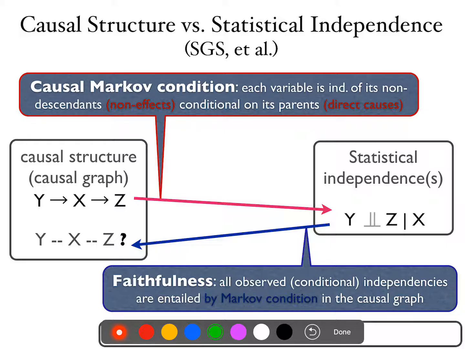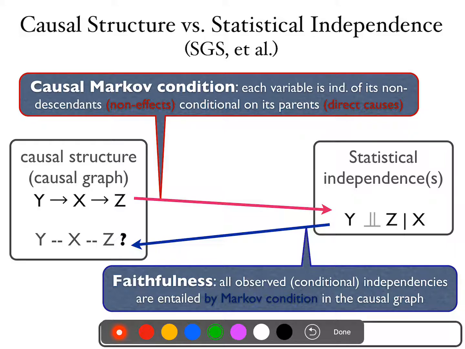With the Markov condition, we can go from the causal structure to the statistical properties of the data, including independence relations. And with the faithfulness assumption, we can go back. It says that all observed conditional independent relations in the data are entailed by the Markov condition on the underlying graph. That means if you see an independent relation, then clearly this is some property of the graph. Y and Z are d-separated by something, right?